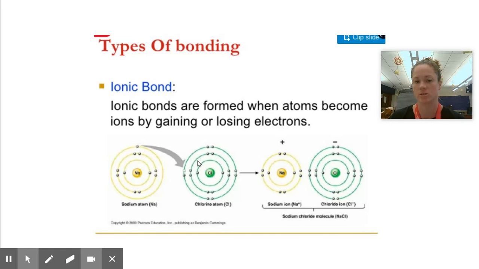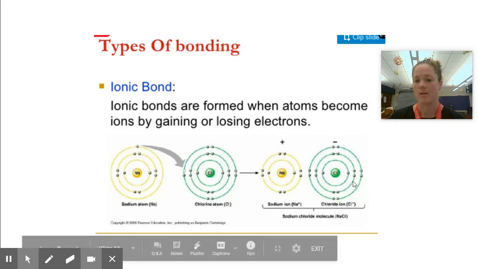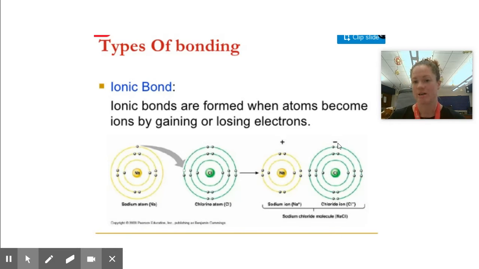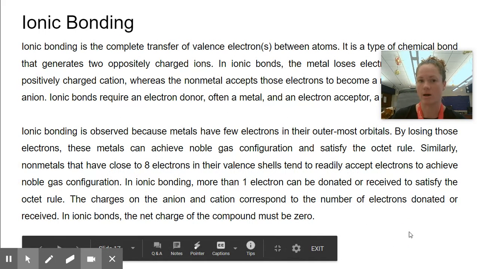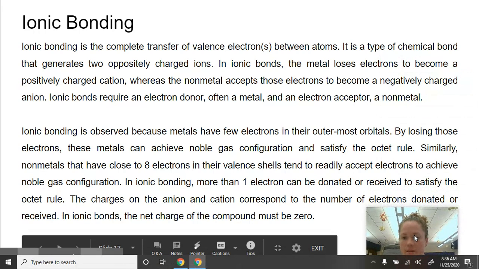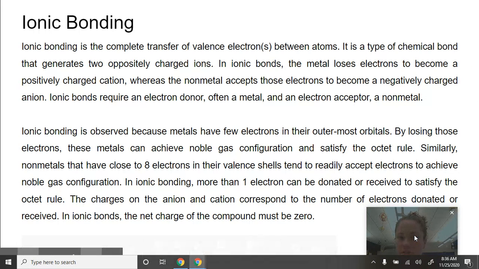It gives this electron to this guy. And then chlorine gains an electron, so it becomes negatively charged. So we have a negative and a positively charged atom here, or molecule rather.